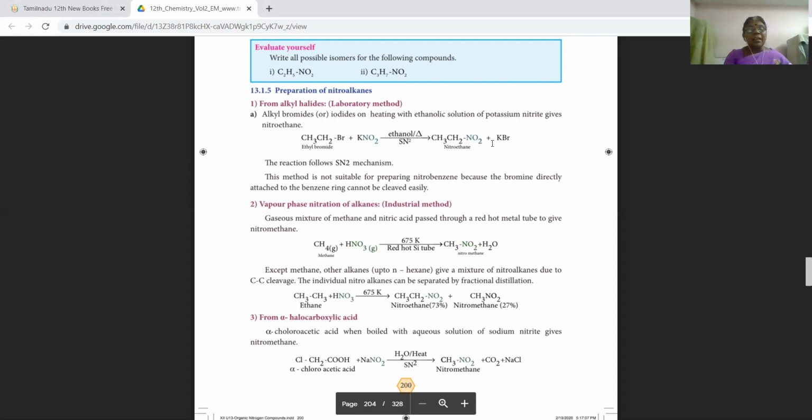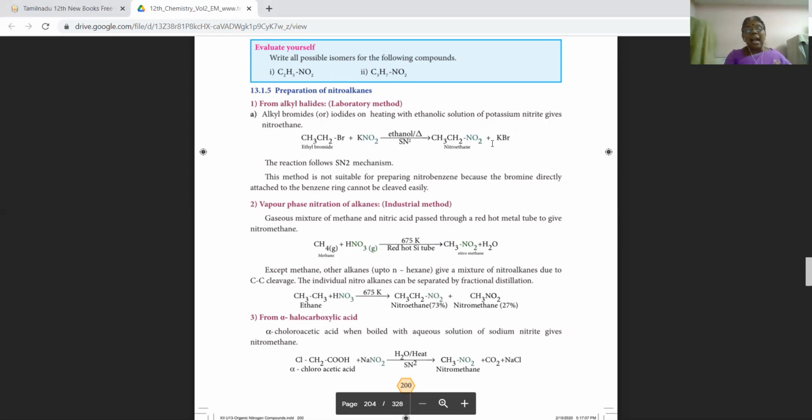The next method is vapor phase nitration of alkanes. That is the industrial method, that is, it is prepared on a large scale. A gaseous mixture of methane and nitric acid is passed through a red hot metal tube to give nitromethane. CH4 plus HNO3 at 675 Kelvin gives nitromethane, CH3NO2, with water.